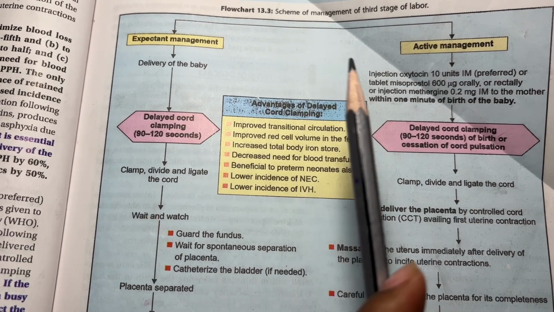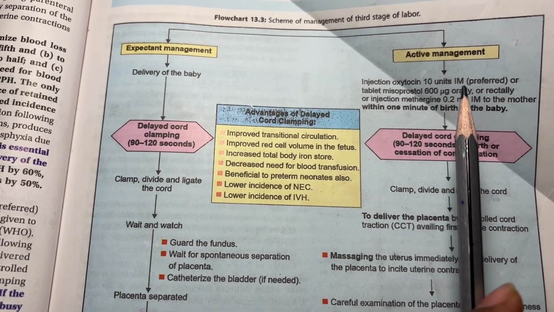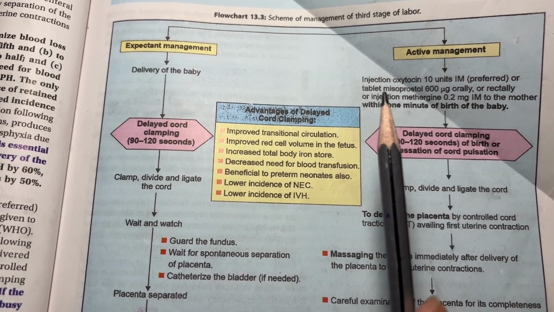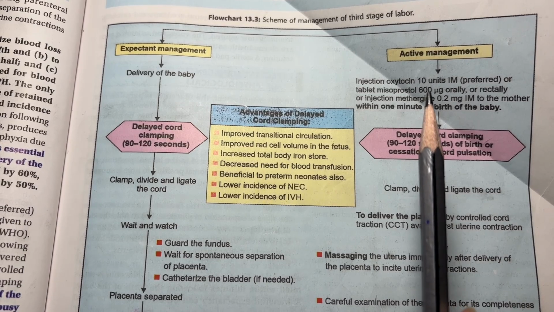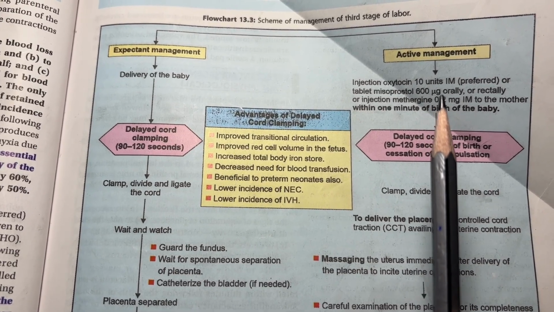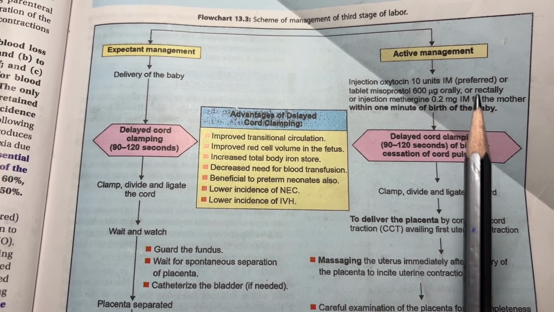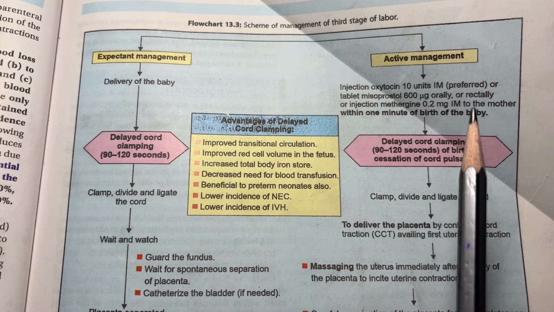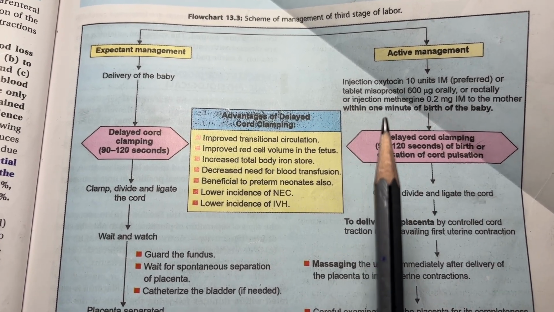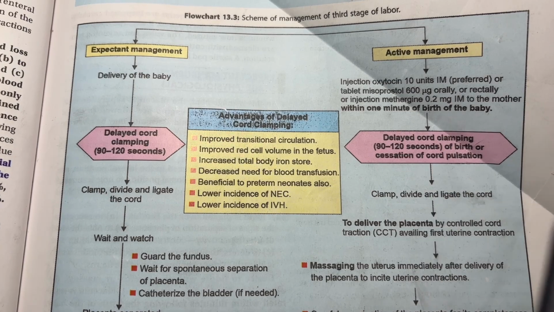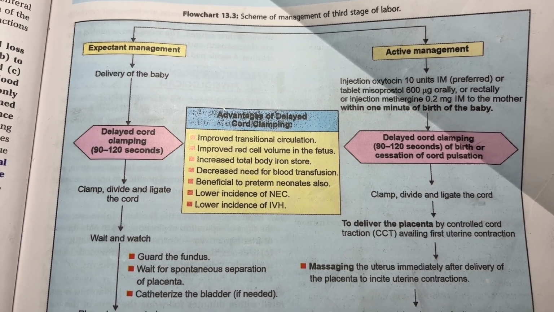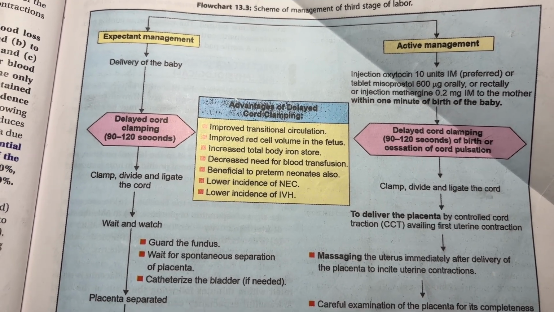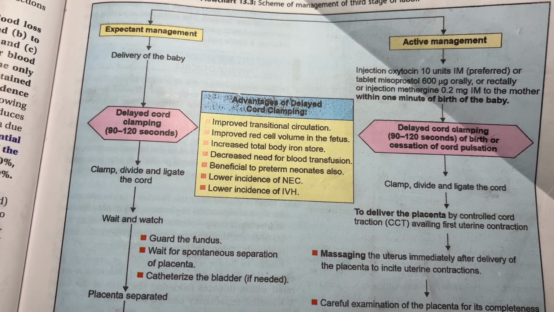First, what will you do? Injection oxytocin 10 units IM, or tablet misoprostol 600 micrograms orally or rectally, or injection methergine 0.2 mg IM to the mother within 1 minute of birth of the baby.